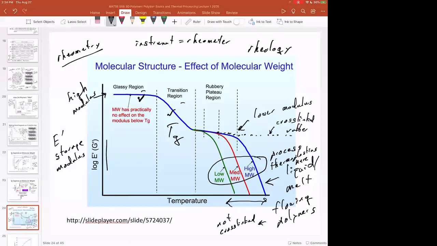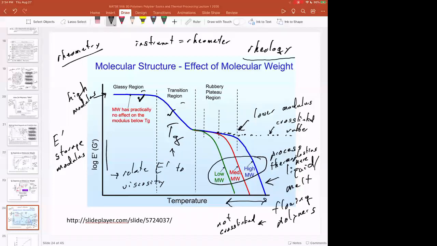And so it's really helpful to know what the rheology is of your polymer to define the thermal transitions, and then you can relate this to viscosity.